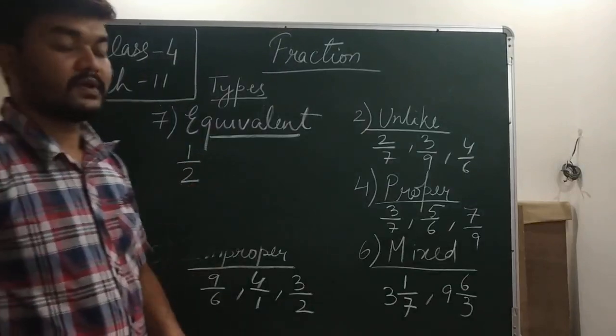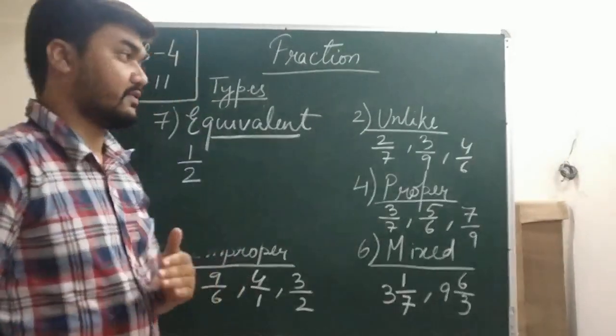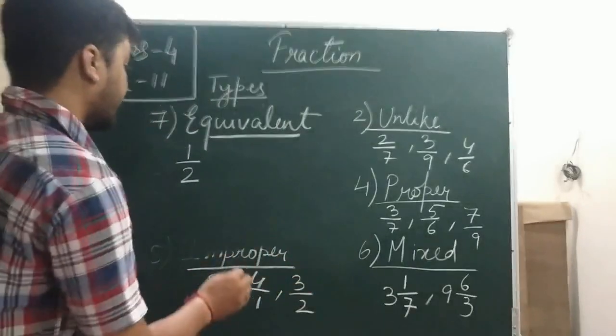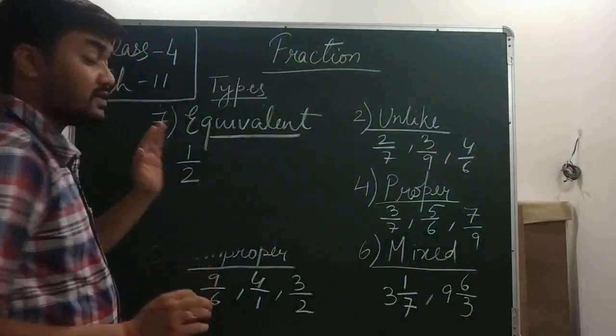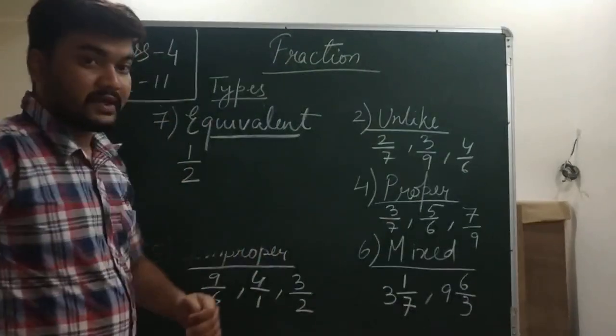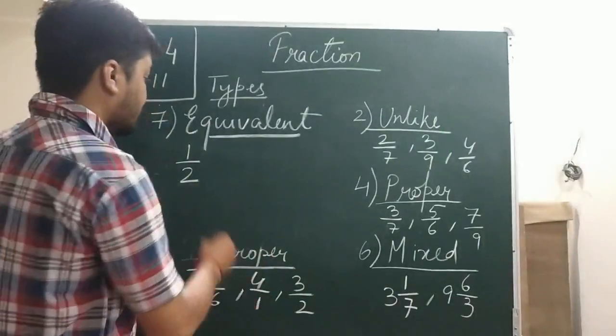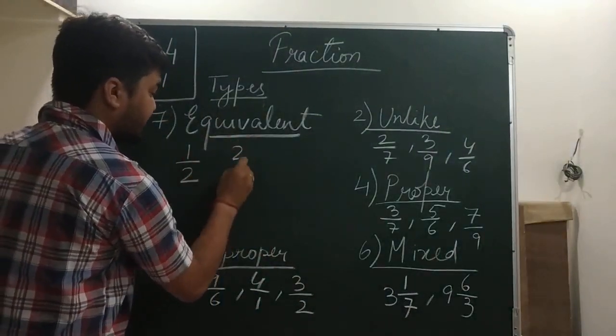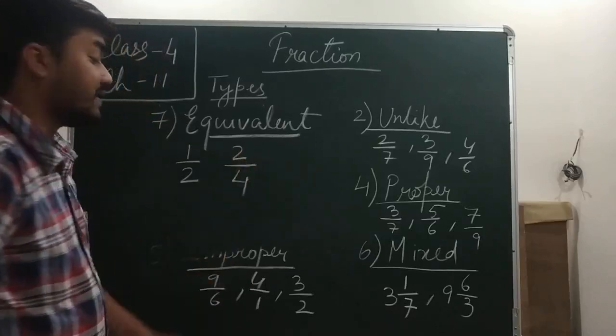Now we have to find a fraction which is equivalent to it, meaning its value will be equal to it. Suppose 1 by 2. If we double 1 by 2, what will come? 1 doubled will be 2 and 2 doubled will be 4. So these two are equivalent.